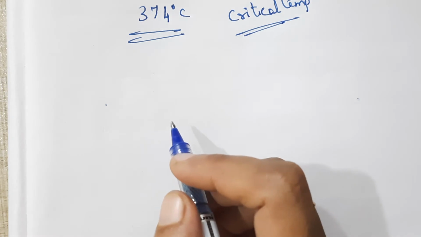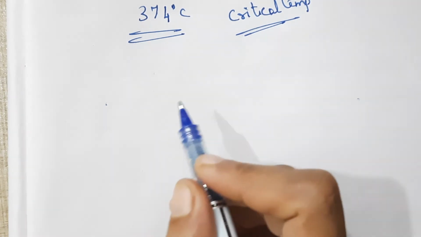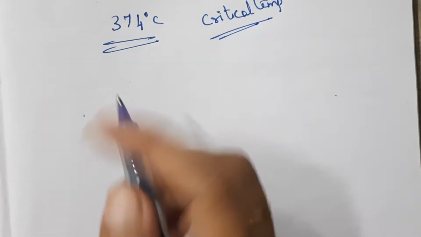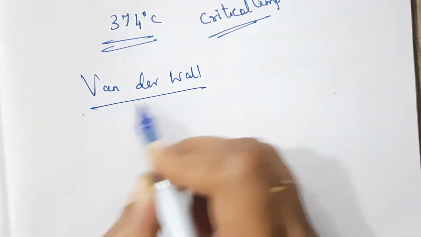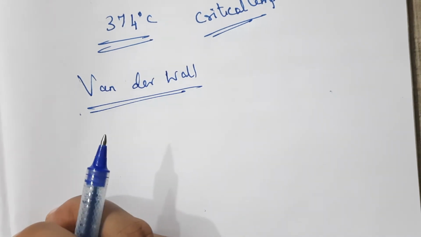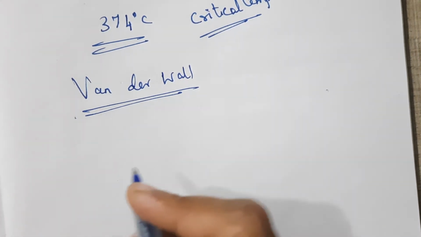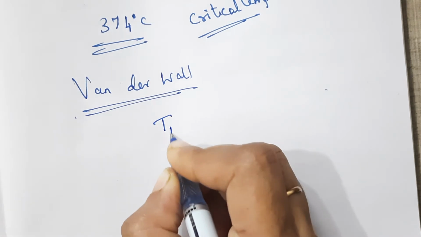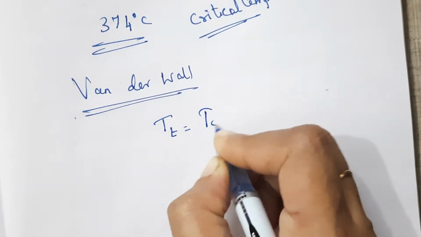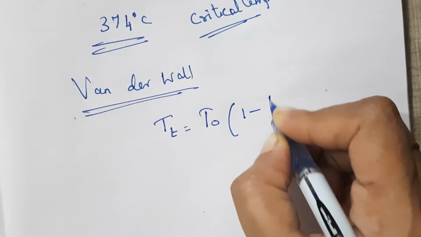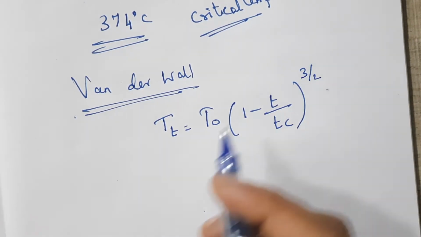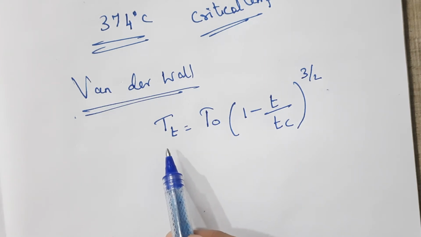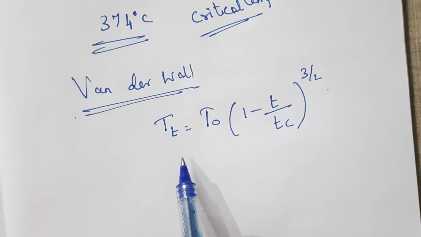Van der Waals suggested an important relation between surface tension and critical temperature: T = T0(1 - t/Tc)^(3/2). Here capital T denotes the surface tension, and small t denotes the temperature.